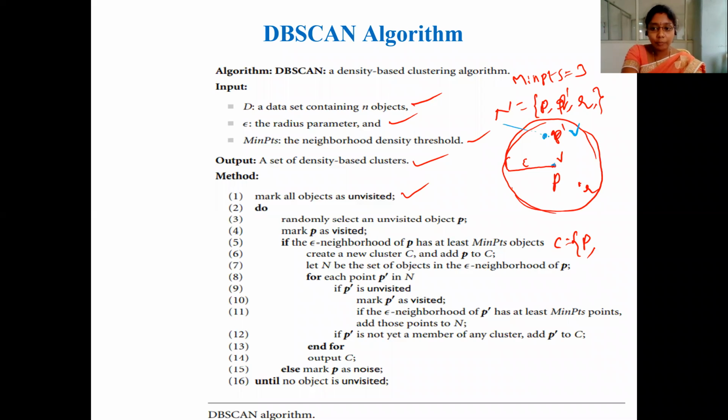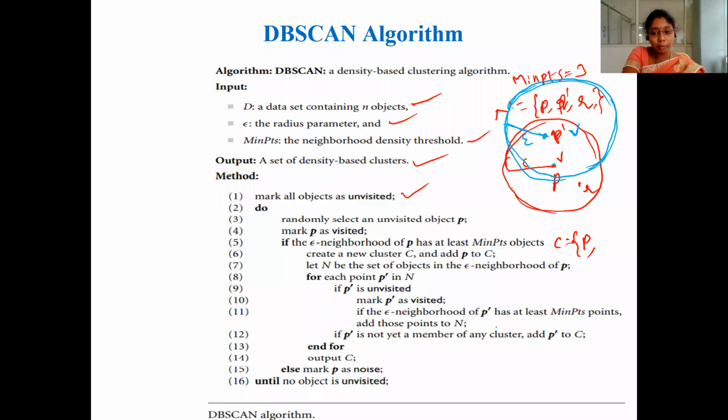For example, let's say this is the epsilon neighborhood of this P dash. Now what to do?